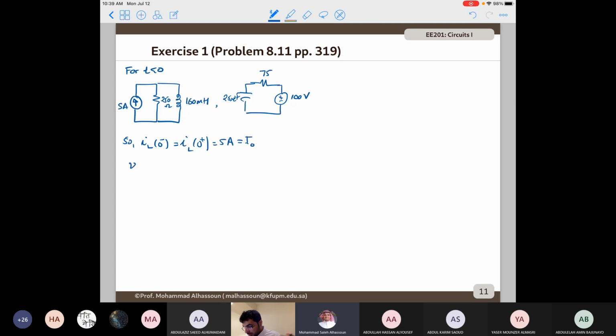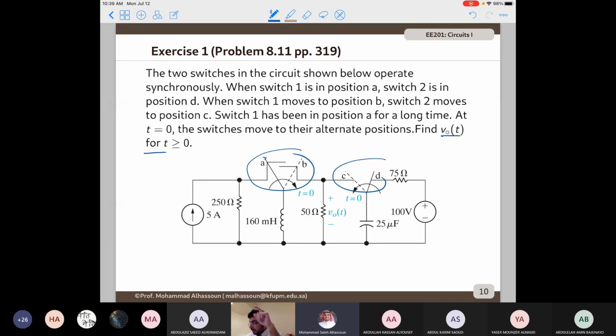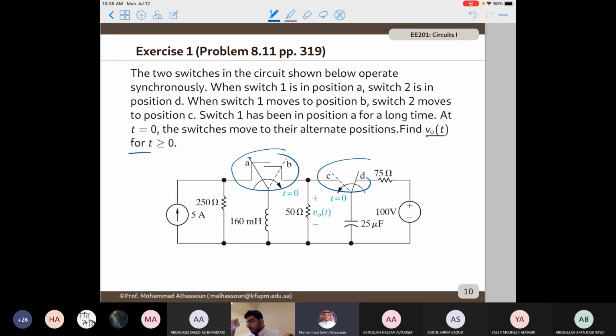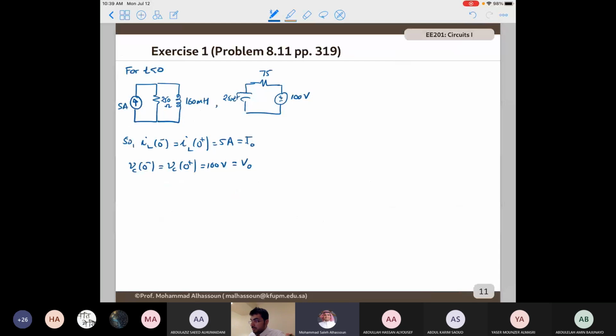The initial voltage across the capacitor is going to be 100 volts, and this is equal to V naught. Okay, now we found the initial values. Now let's consider what happens when switch 1 moves to position B and switch 2 moves to position C. This is what happens for t greater than 0.